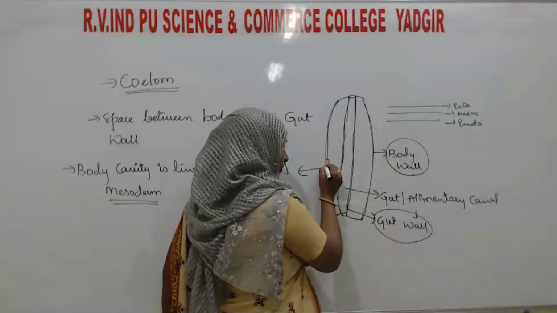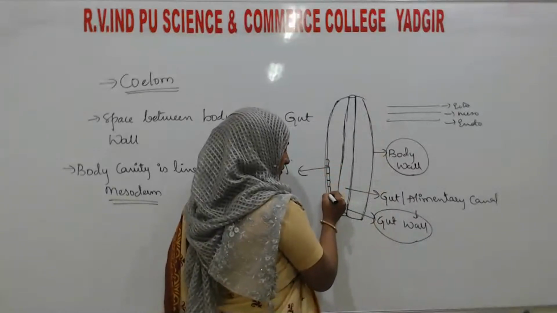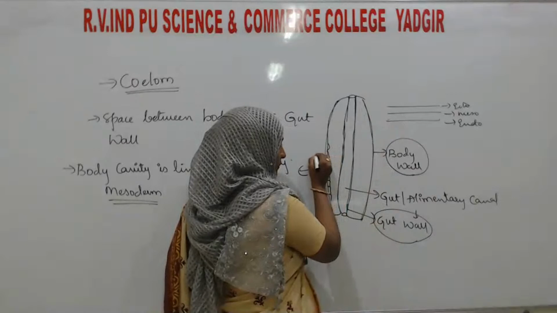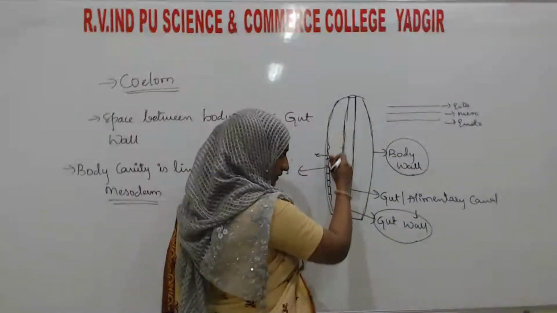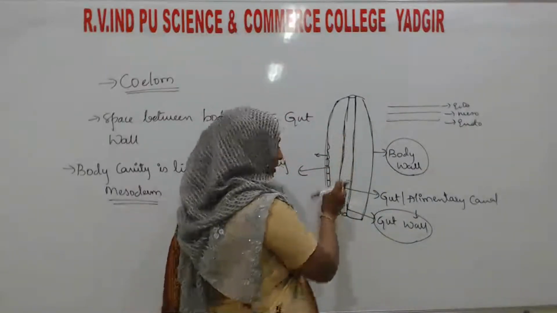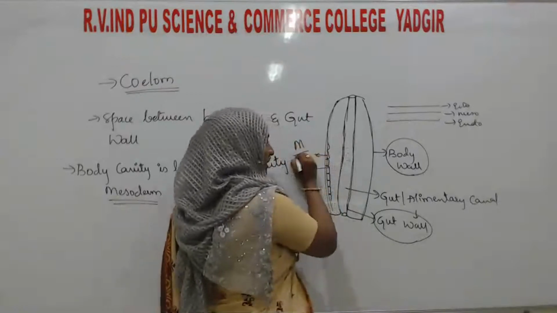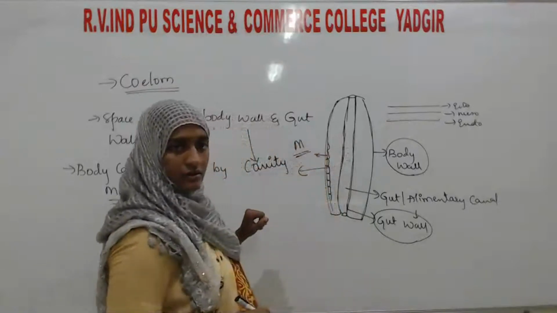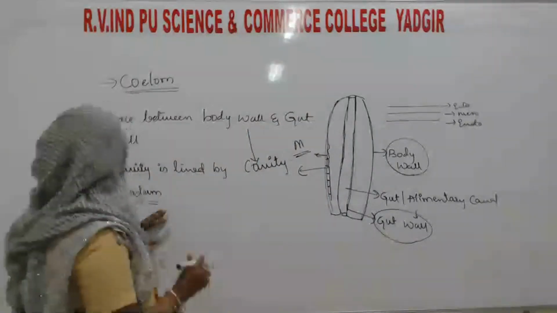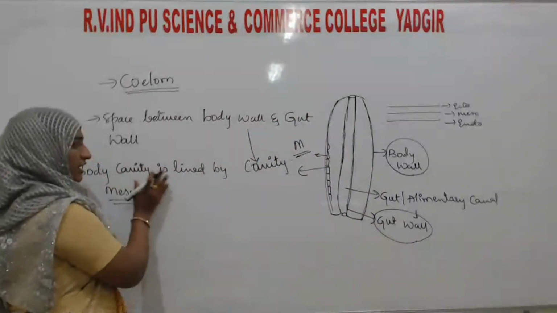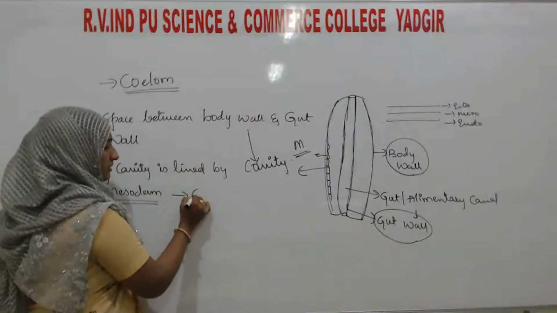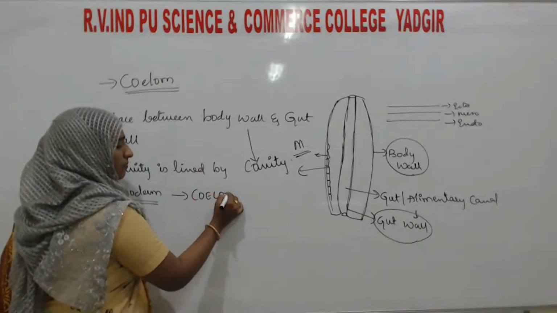For example, these are the cells. If it is lined, meaning on the surface of this body wall there is a presence of the mesoderm layer, then if the body cavity is lined by mesoderm, it is known as the coelom.